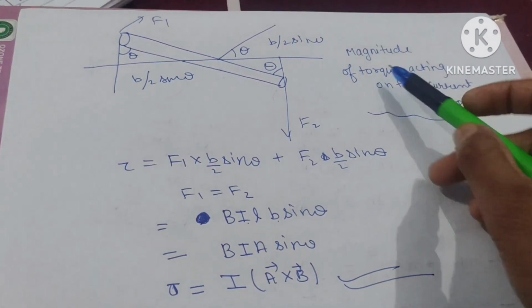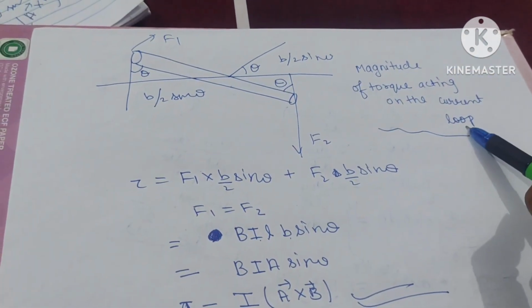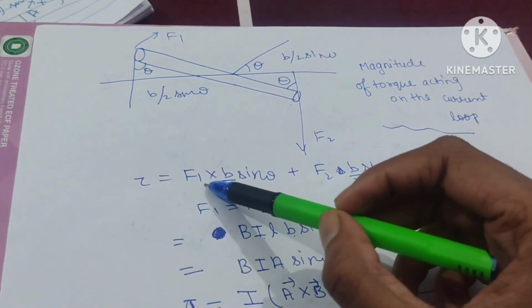Hello friends, today we'll know the magnitude of torque acting on a current loop. So this is a torque, and torque is equal to half.